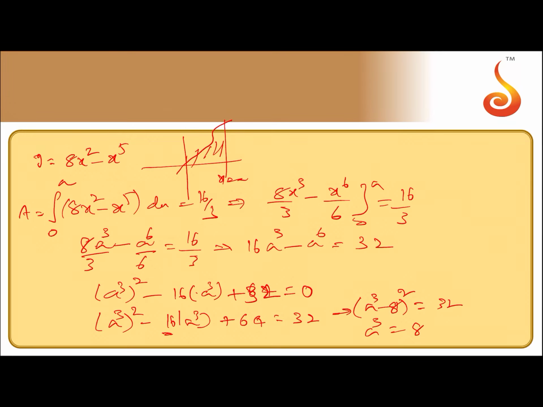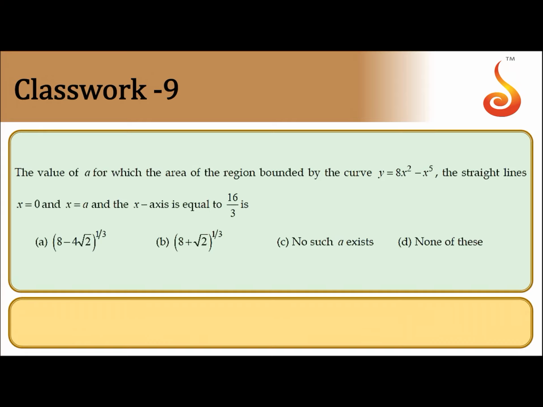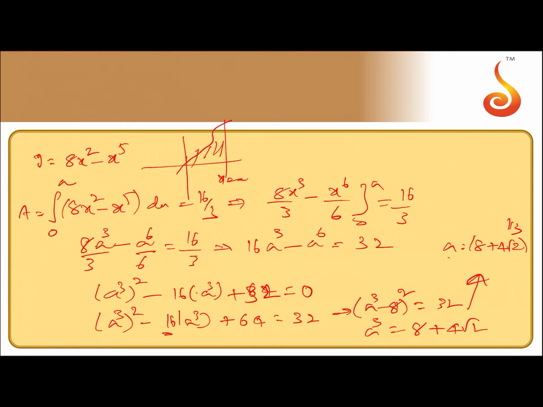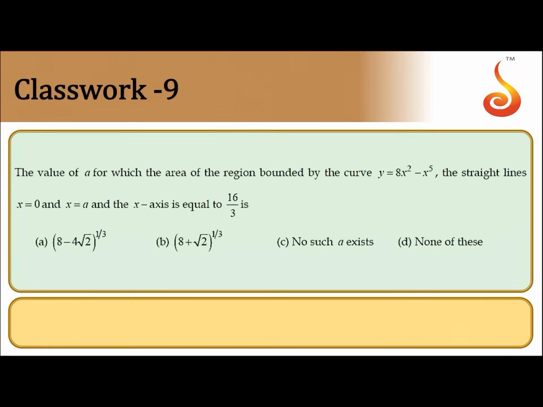Therefore a cube is equal to 8 plus 4 root 2, and a must be equal to 8 plus 4 root 2 to the power of 1 by 3. Because the square root may be plus or minus, one of the values you can take is 8 minus 4 root 2 also. So 8 minus 4 root 2 to the power 1 by 3 exists. So the answer is A.